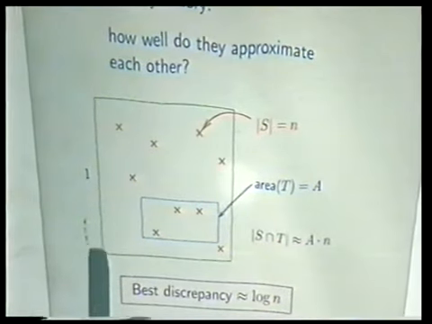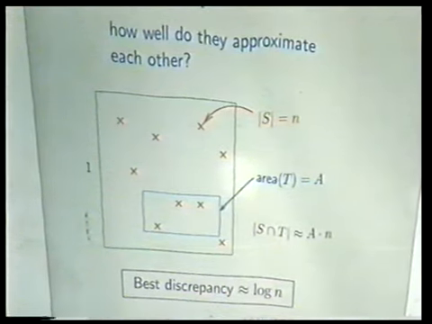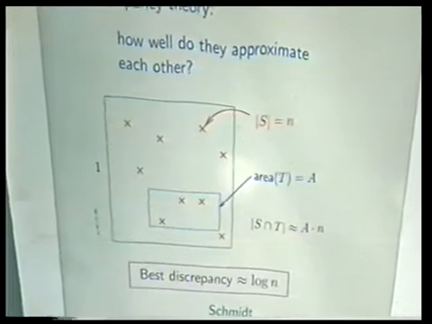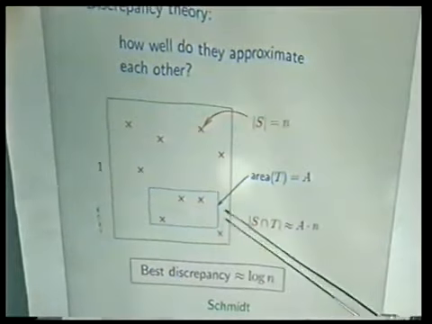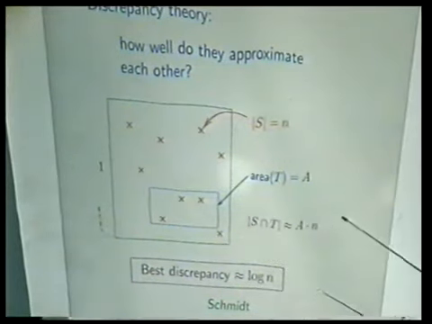So suppose you have a continuous measure, say the uniform measure on the unit square, and suppose you want to approximate it by a discrete measure, which is just the uniform measure on n discrete points. Now, how well can you approximate it?